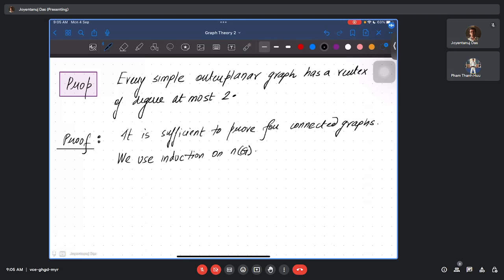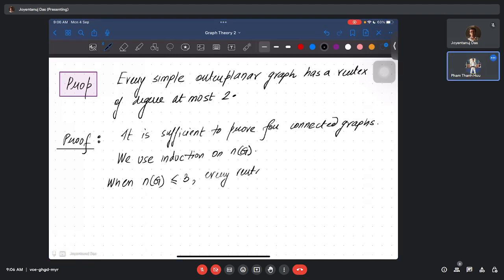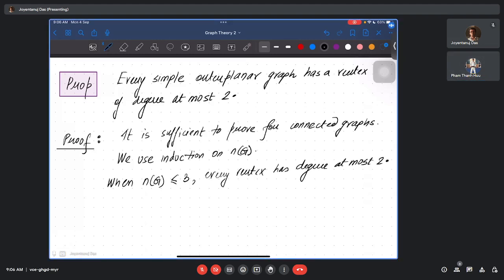So when n is less than or equal to 3, every vertex has degree at most 2, right? So there is nothing to show.